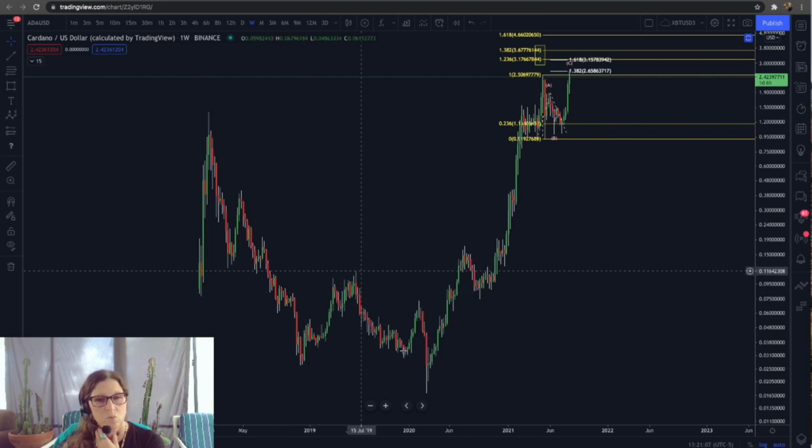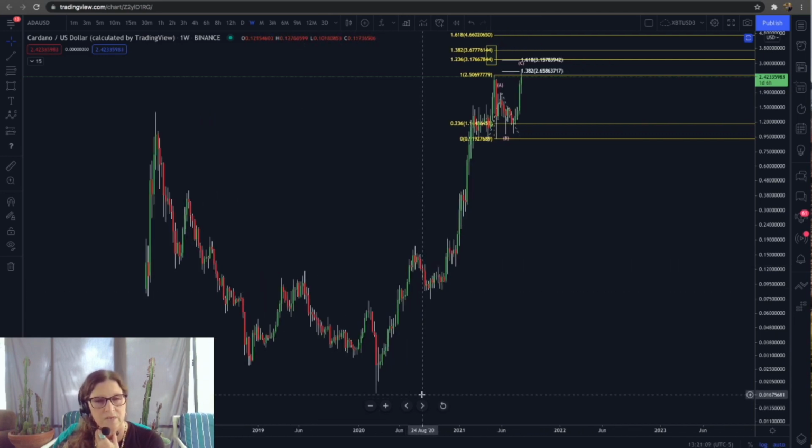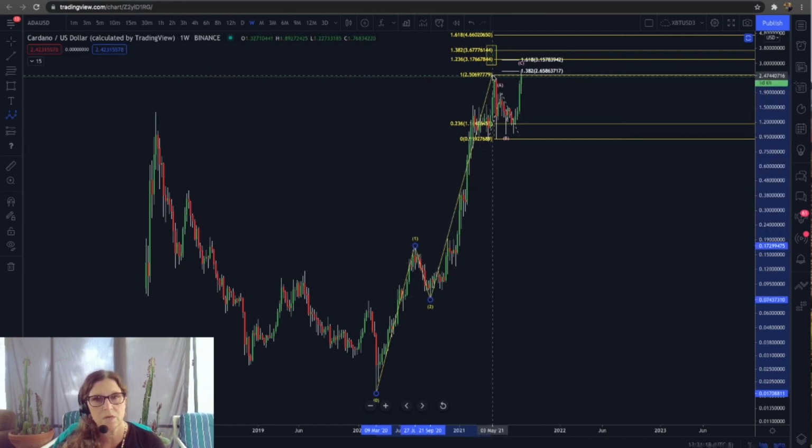So calling this a 1 and a 2 like Bitcoin is off the table. So actually, we've got to call it like this, that this is a 1, this is a 2, this is a 3. Now this is where it gets sketchy, and I'm going to go over it. 4, 5. Okay, 5 is going to be much higher.